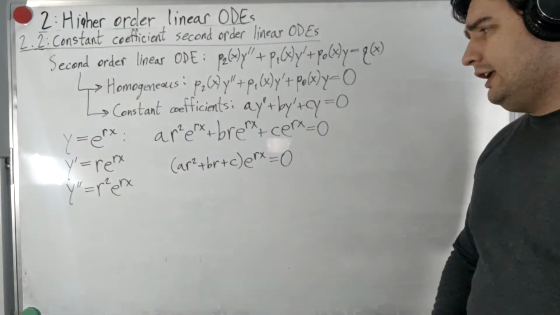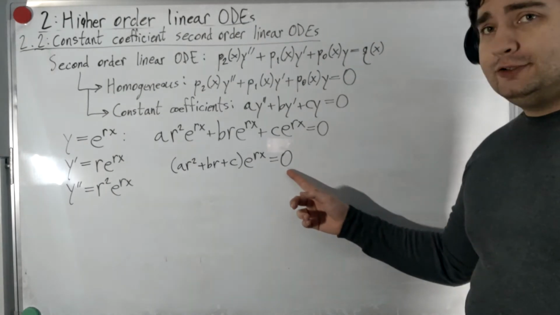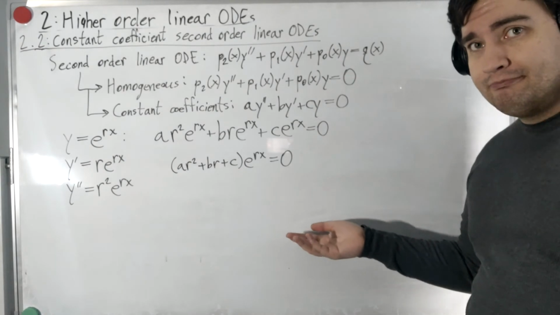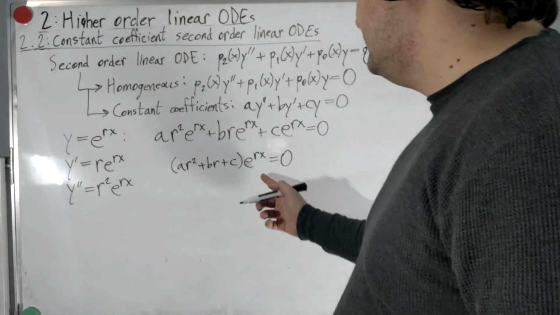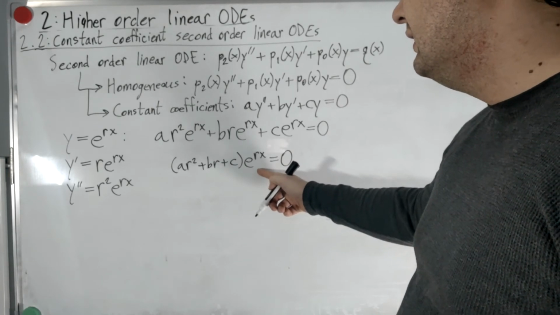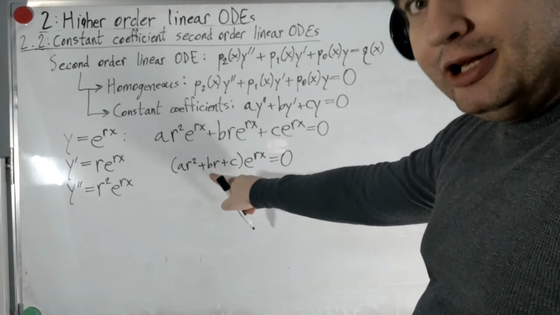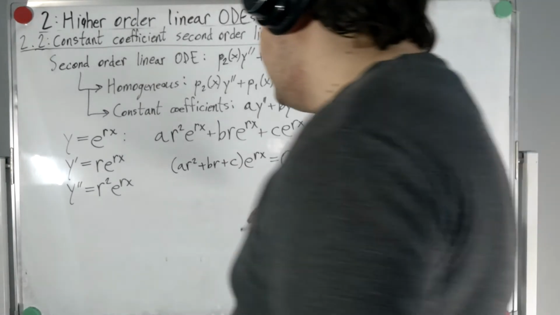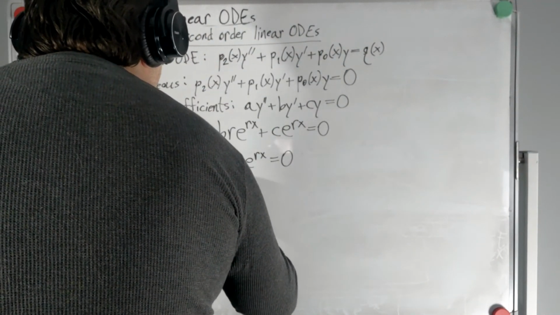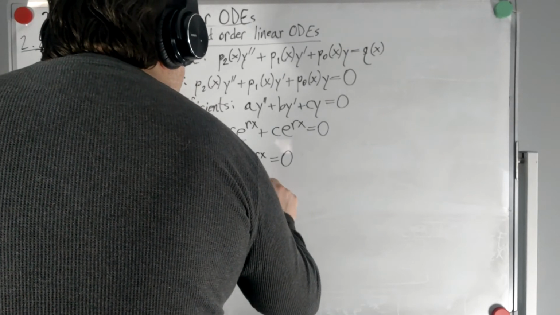Well, e raised to a thing is never 0. Therefore, if the product of these two things is 0, then this thing had to be 0. So that gives us the equation ar squared plus br plus c equals 0.